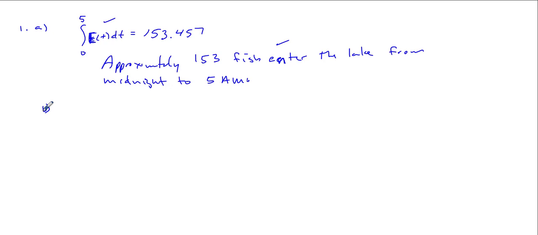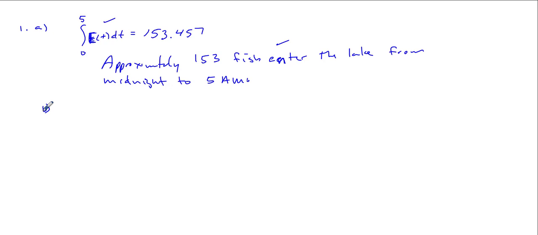They want the average rate, and they give you the rate equation. That's an average value formula problem, right? Remember, if you want the average height given the height, that's average value. If you want the average amount given the amount, that's average value. If you want the average rate given the rate, that's an average value: 1 over b minus a, the integral from a to b of f of x dx, right?